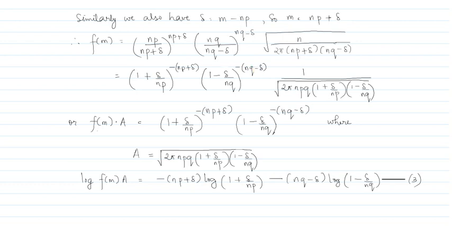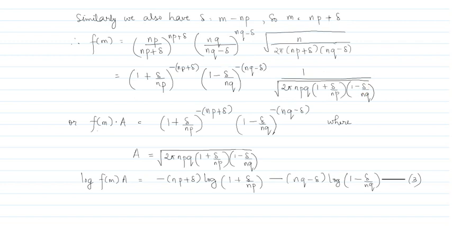Now, within the root, I am doing the same thing. Take np outside the bracket, I get 1 plus delta by np. Now I take nq outside, I have 1 minus delta by nq. So I have np and nq out of the bracket, and one n cancels with the n in the numerator, and I am left with these terms.